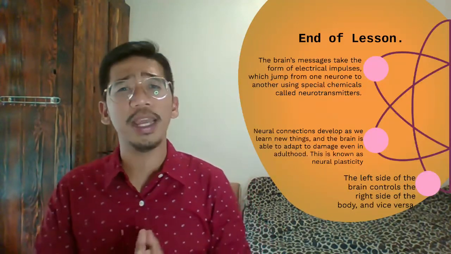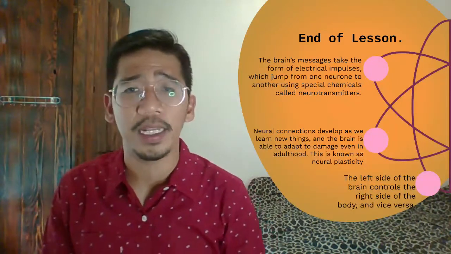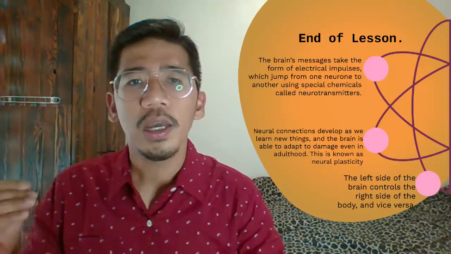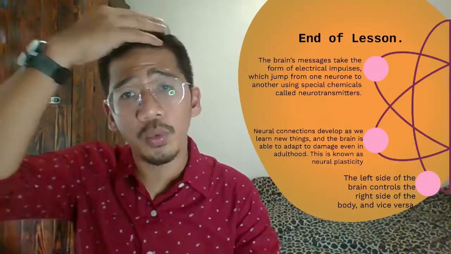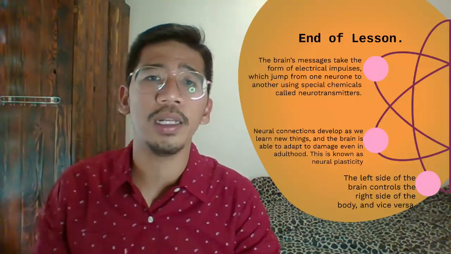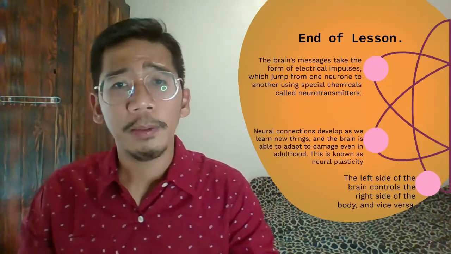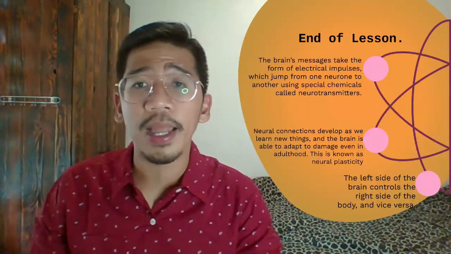The left side of the brain controls the right side of the body, and vice versa. Some other functions are also lateralized on one side of the brain or another, but not as many as popular myth implies.